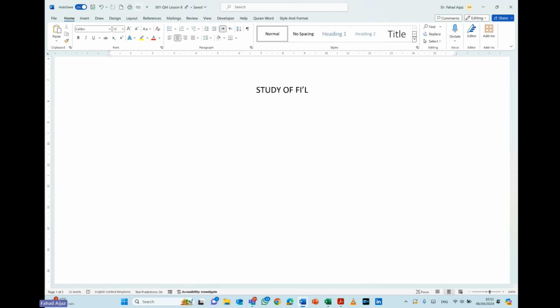So we will establish some fundamental understanding of the fi'l. What are fi'ls? And then inshallah we'll start the study of fi'l. So let's start with what are fi'ls. If you know English, and I'm sure you do, in English you have verbs. The verbs are made up of two things.